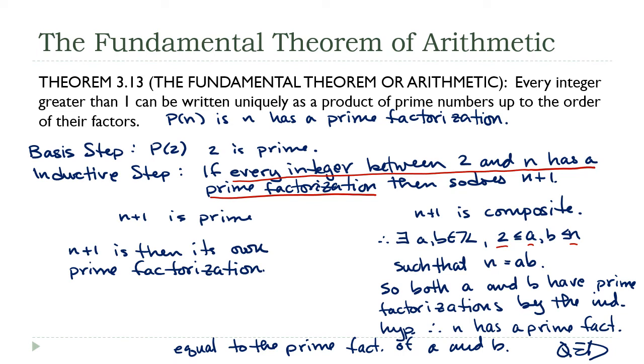And here, that was problematic because I know that these numbers a and b exist, but I don't know how big they are. They may not be equal to n. They may be considerably smaller. Strong induction got me past that hurdle by letting me assume that everything less than or equal to n had the property that I needed.